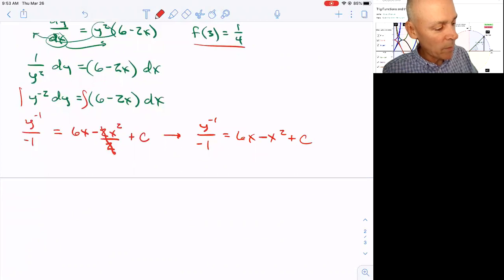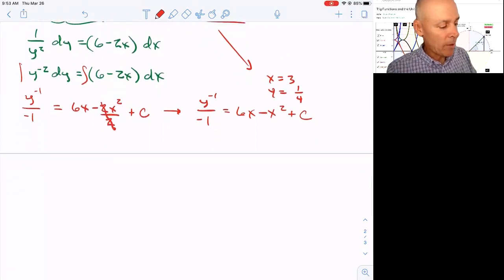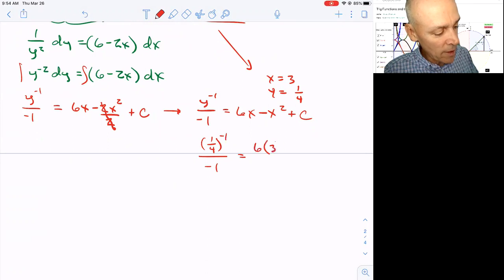Now I'm going to remember my initial condition. That's telling me that when x is equal to 3, y is equal to 1/4. I'm going to substitute that in. So I get (1/4) to the -1st over -1 is equal to 6 times 3 minus 3 squared plus c.